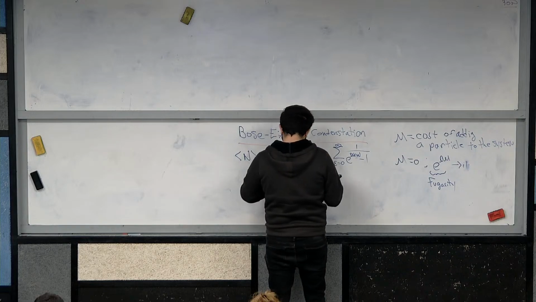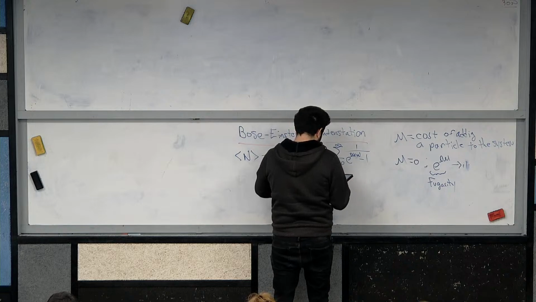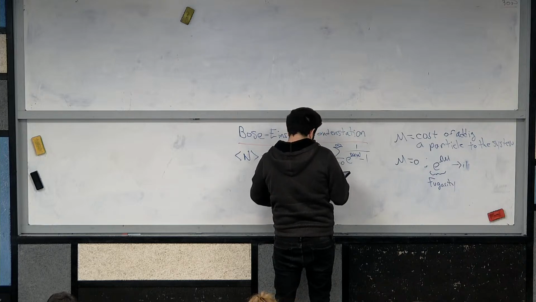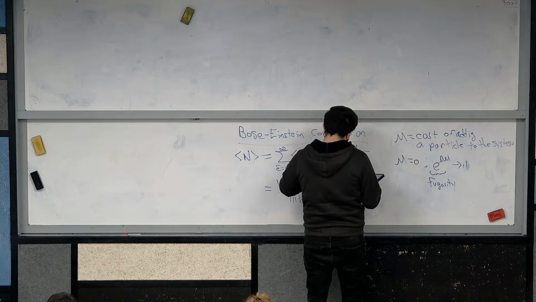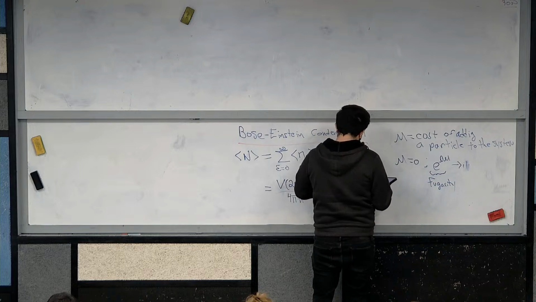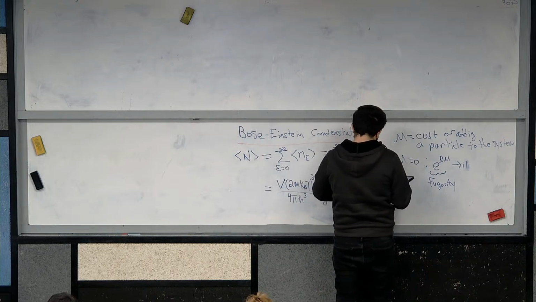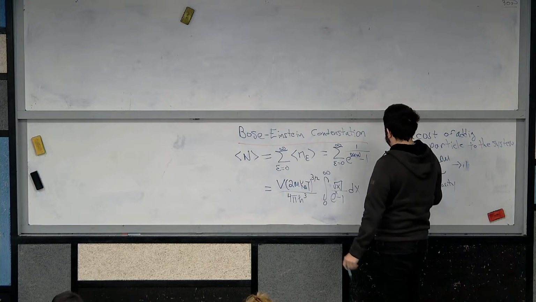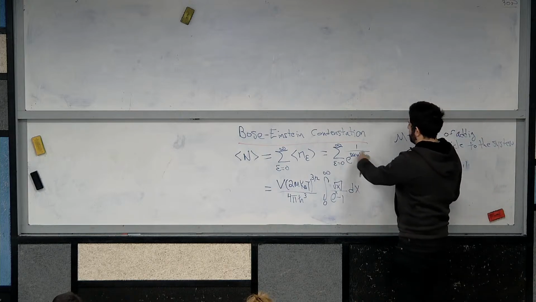So from here, after doing all the change of variables, we are sending e to the beta mu to 1, and then changing variables.